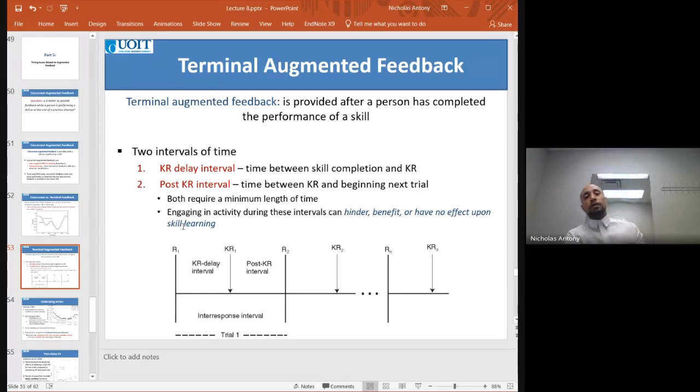Long story short, if you simply asked them, either before or after the augmented feedback, how do you think you did? It led to an improvement in learning, because by just asking, it made them concentrate more on what they just did. So it's improving the cognitive aspect.